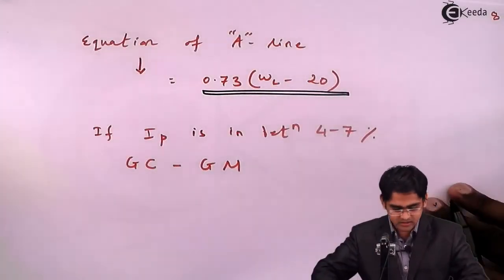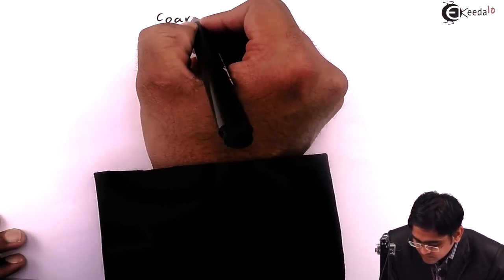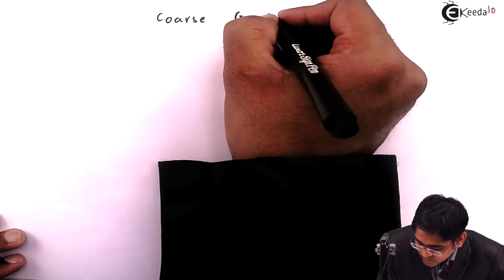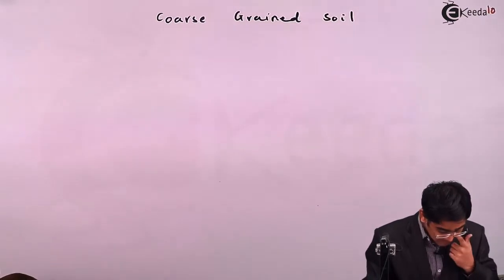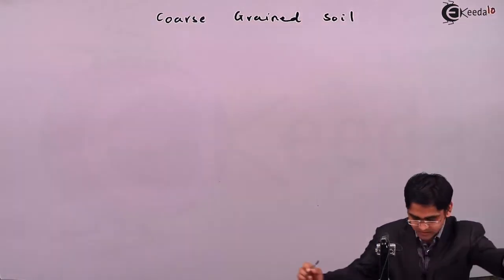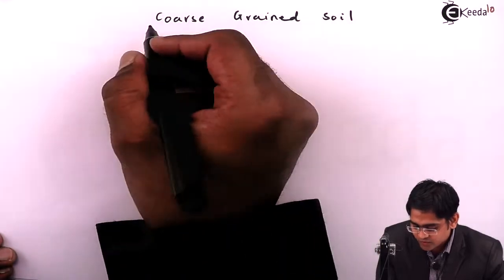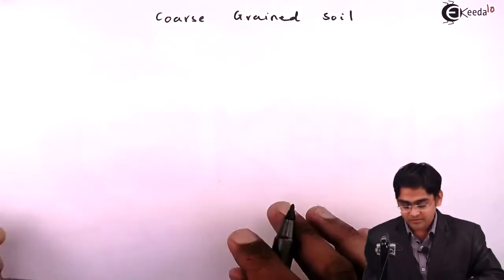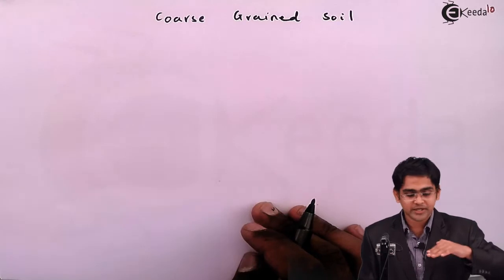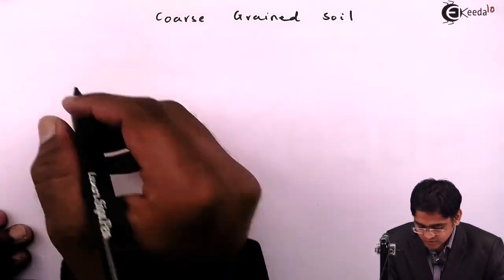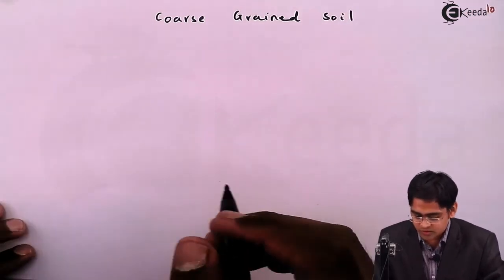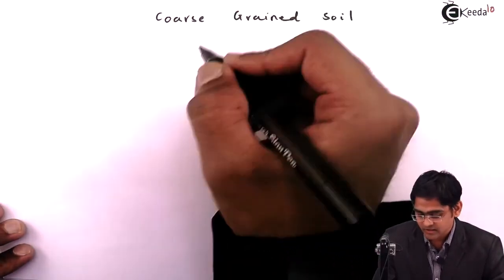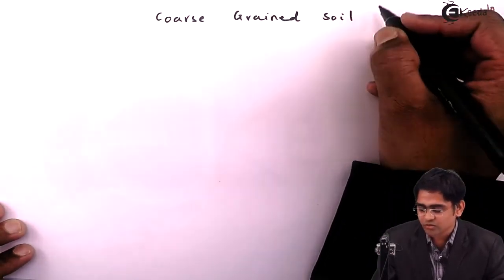So I will summarize this classification. When you go for coarse grain, it is pre-understood that more than 50% of the soil is retained on 75 micron sieve. If this condition holds good, then you call the soil coarse grained.